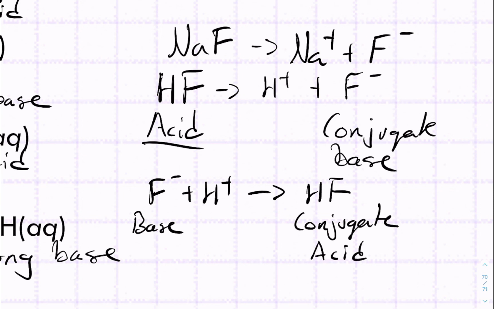So the direction of the reaction is important. Together this is a conjugate acid-base pair, and which one is the conjugate acid and which is the conjugate base depends on which way the reaction's going. Here we identified that the first one was the acid, so we call the other one the conjugate base. But they'll always come in pairs.